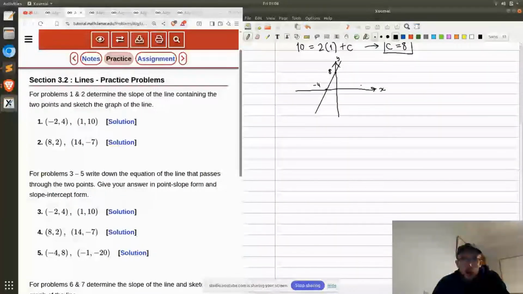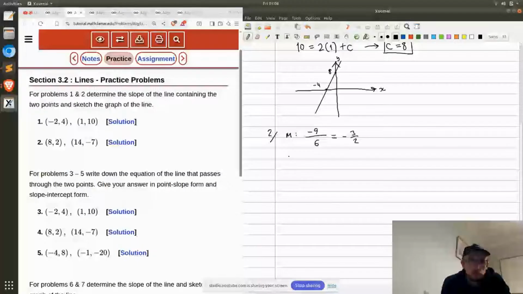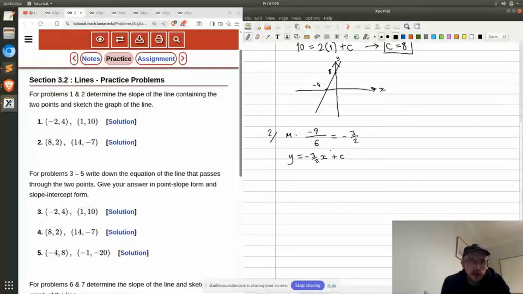Okay, problem 2 is basically the same, so I'll do it a bit faster this time. Gradient: -7, -2, so -9 over 14. Then to get the y-intercept, y equals -3 over 2 x plus c, and pick the easy-looking points.